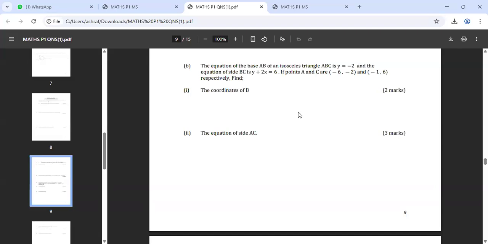So now if you want the coordinates of B, how do we find the coordinates of B?